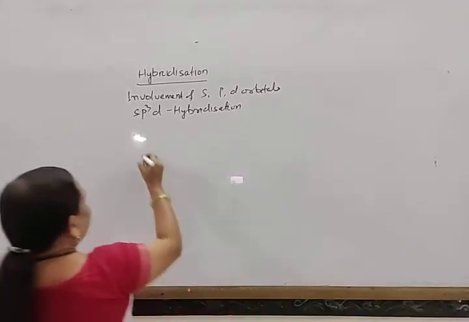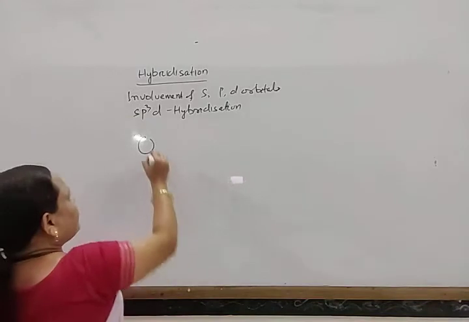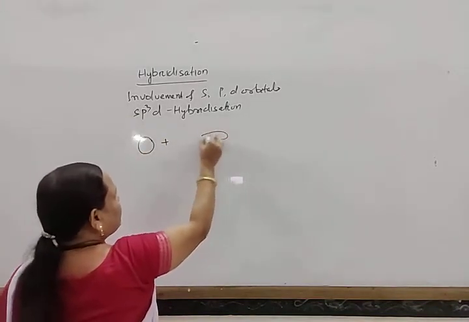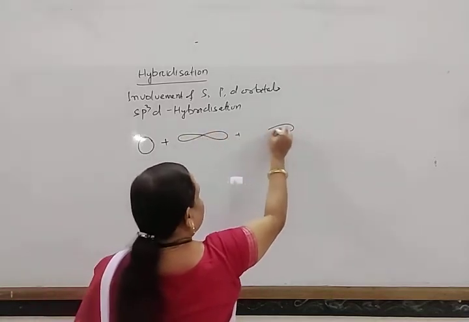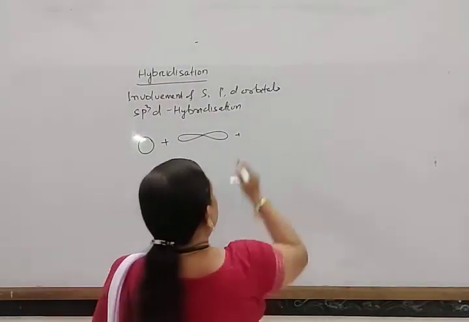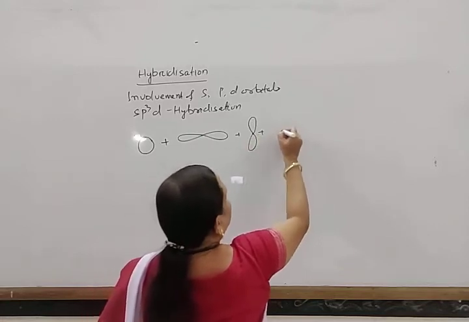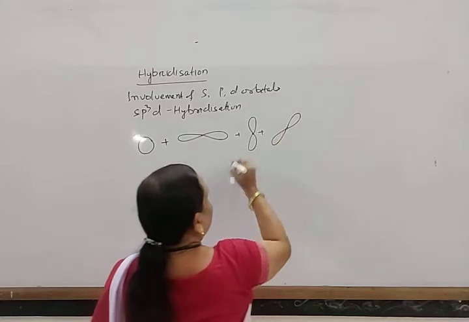Here 1 s orbital and 3 p orbitals, px, py and pz, all these orbitals overlap.